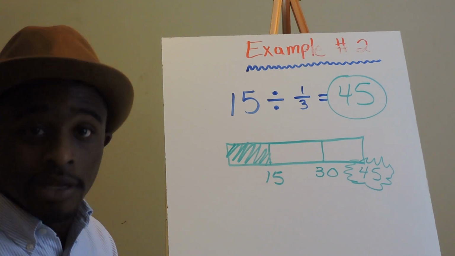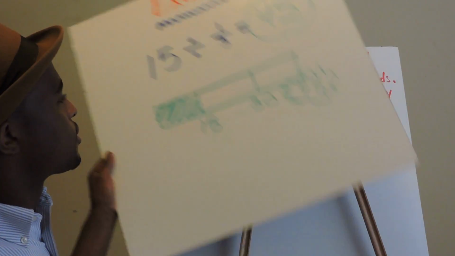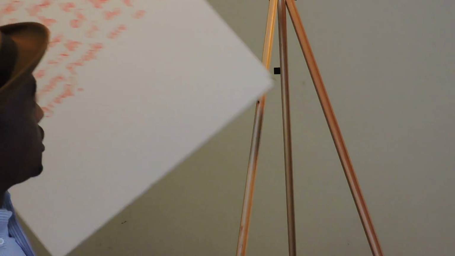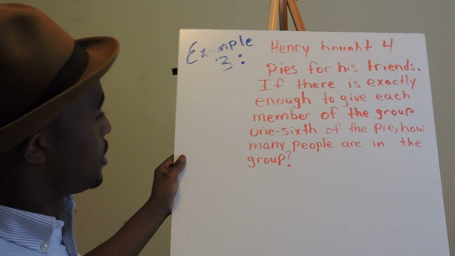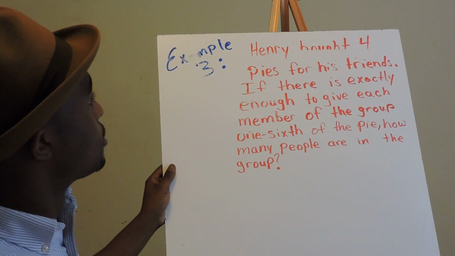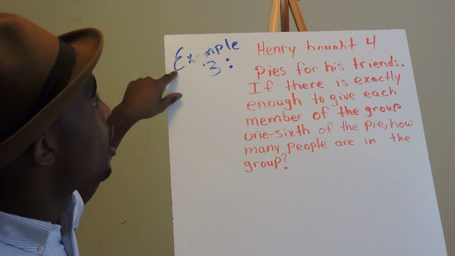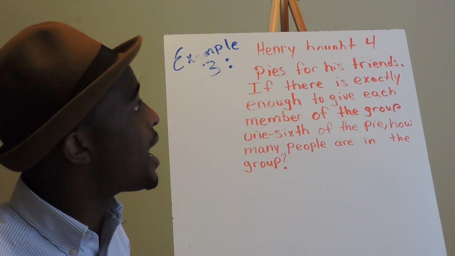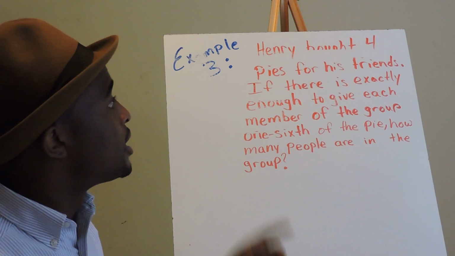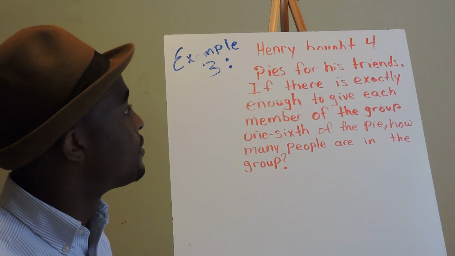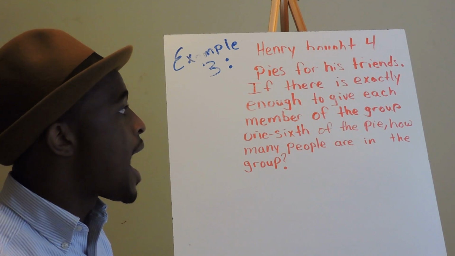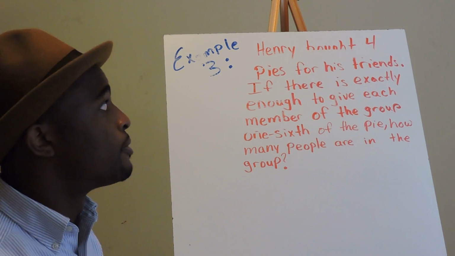Let's look at one more example, and this is going to be a word problem. This is example 3. And sorry, it erased a little bit, but it'll be all right. Henry bought 4 pies for his friends. If there was exactly enough to give each member of the group 1/6 of the pie, how many people are in the group?